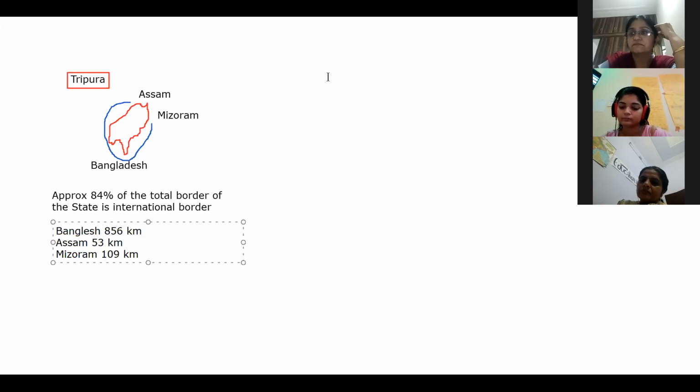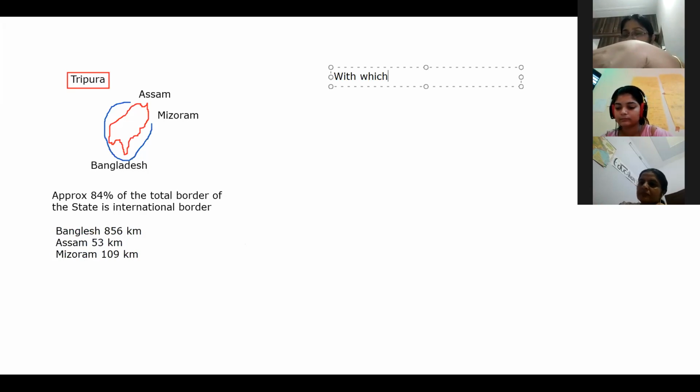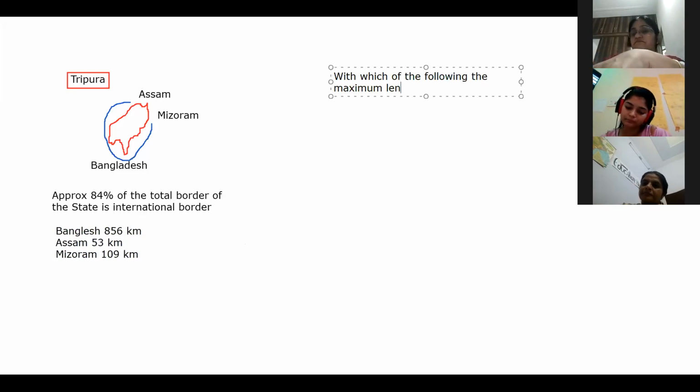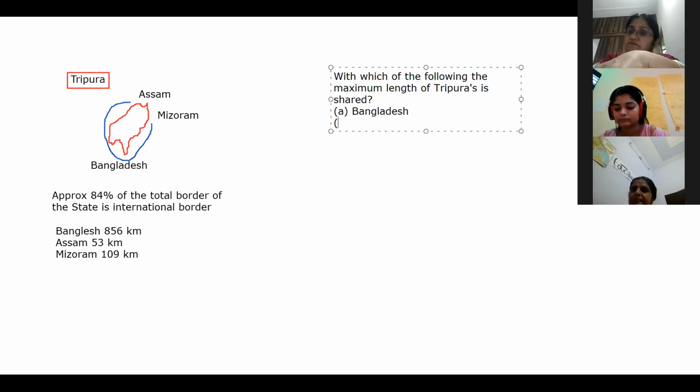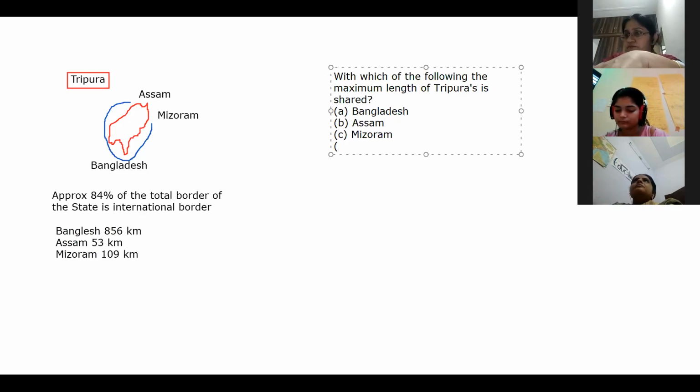Beta, sometimes the question can be asked like this: with which of the following is the maximum length of Tripura's border shared? One option can be Bangladesh, second can be Assam, third can be Mizoram, and the fourth can be any other name, let's suppose Meghalaya.